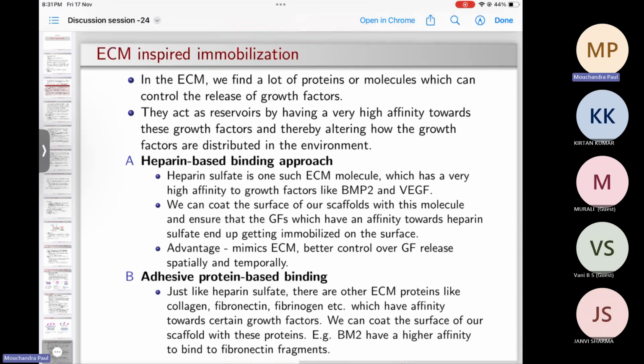Now another way of immobilizing your growth factor onto a scaffold is taking inspiration from how the growth factors are present in the ECM. In the ECM, we have a large number of molecules, many of them like collagen, fibrin, etc., which actually compose the ECM.